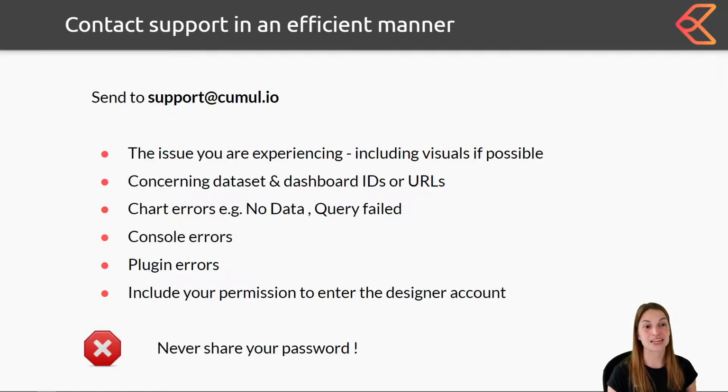So what you can include is, for example, dashboard and dataset IDs or URLs. If you have an issue, try to explain it very clearly, and try to include visuals as well, like small videos or print screens, because then we're also sure that we're talking about the same thing. And if you see some errors, feel free to also include them.